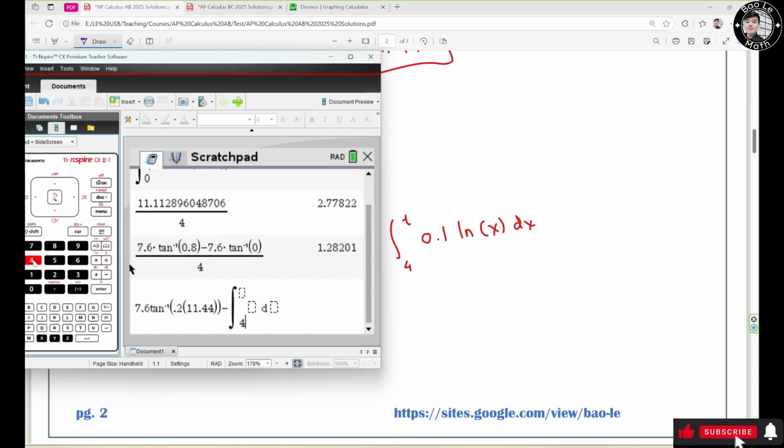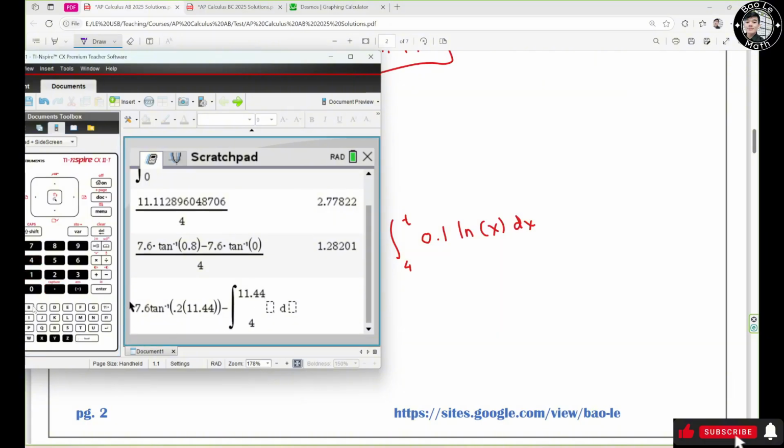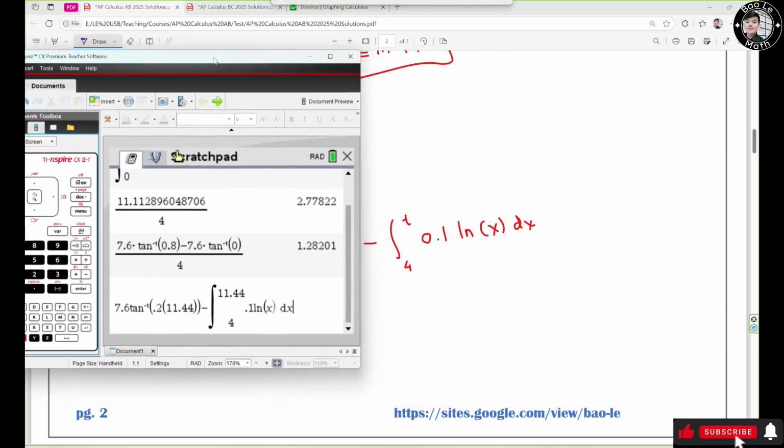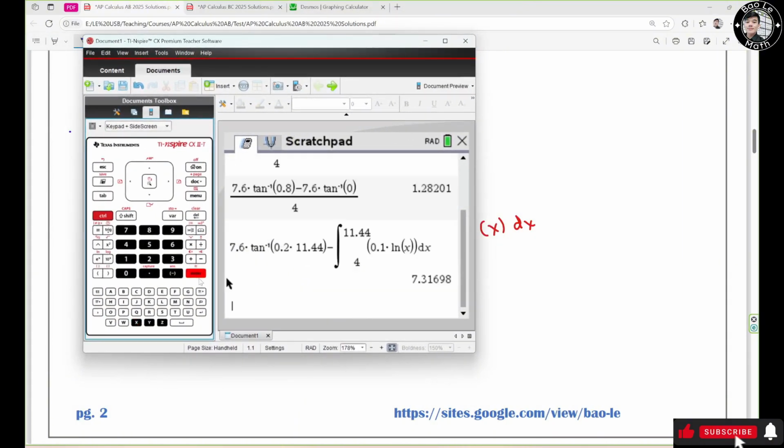Now I'm going to hit 4 to 11.44, the integral of 0.1 natural log of s ds. Alright, so I just hit enter. The answer is 7.316.